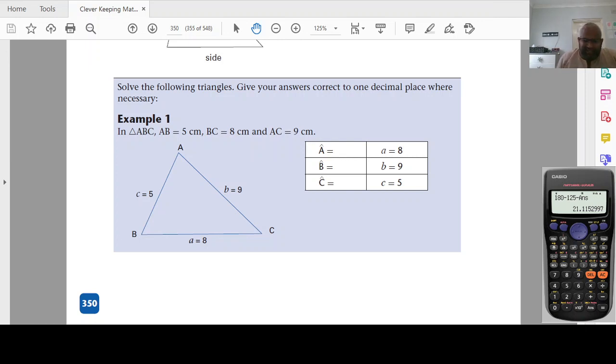Now the idea is to isolate cos of b. So we take the 8 squared and 5 squared over, so cos of angle b has 9 squared minus 8 squared minus 5 squared on the other side. Once that is taken over, we're left with negative 2 times 5 times 8 cos of b. Then we divide both sides by negative 2 times 5 times 8.